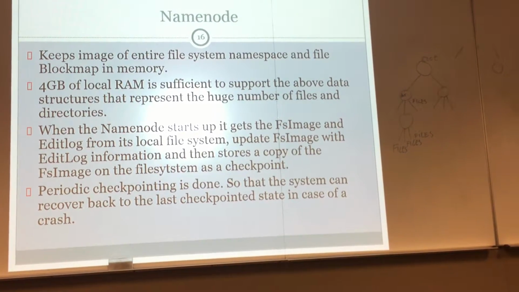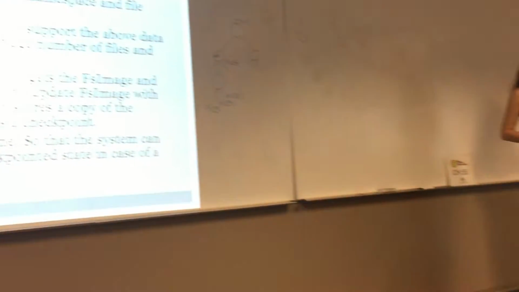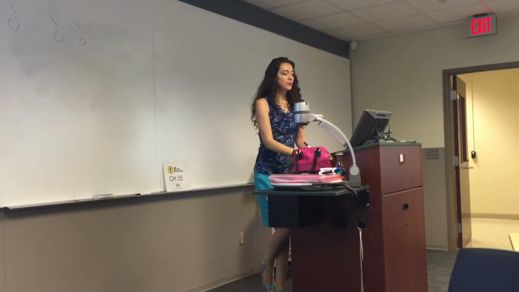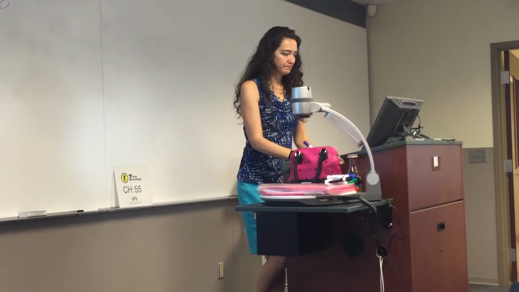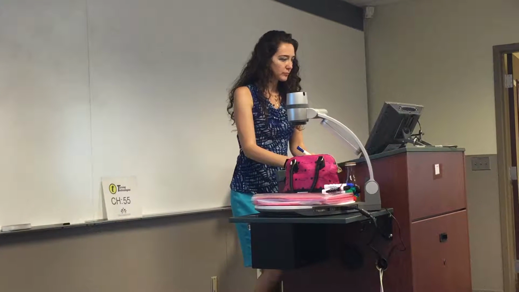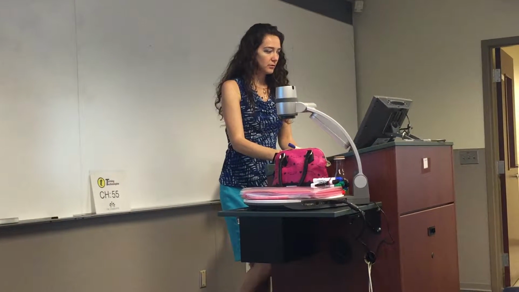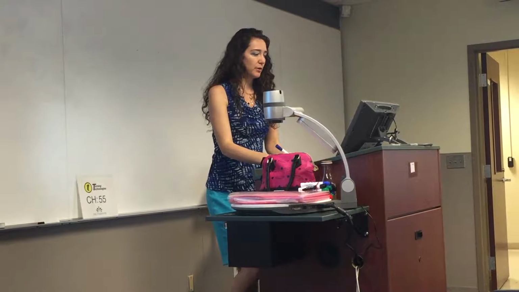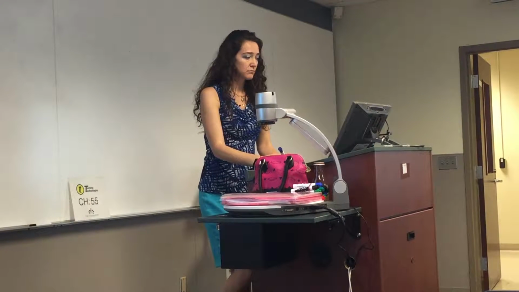So this master name node keeps an image of the entire file system and a map of where the blocks are in memory. They're saying that 4 gigabytes of RAM is sufficient to support this kind of structure.